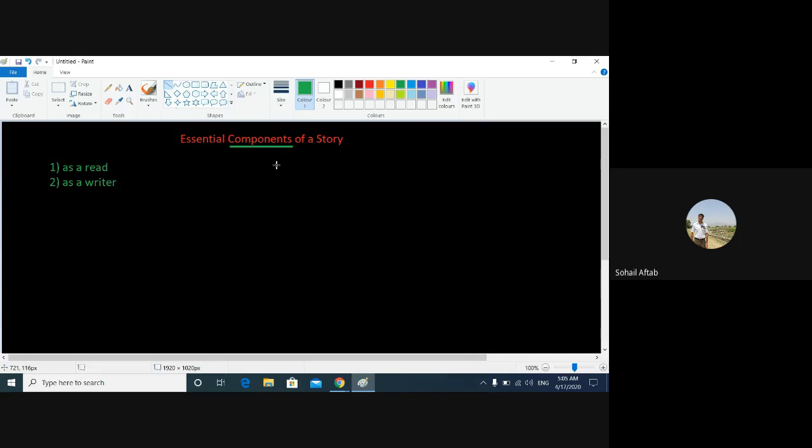And as a writer, since you are first year boys and in board exams you're going to write stories or letters, whatever you think you can better do, it's very important to know these components as a writer. Okay.